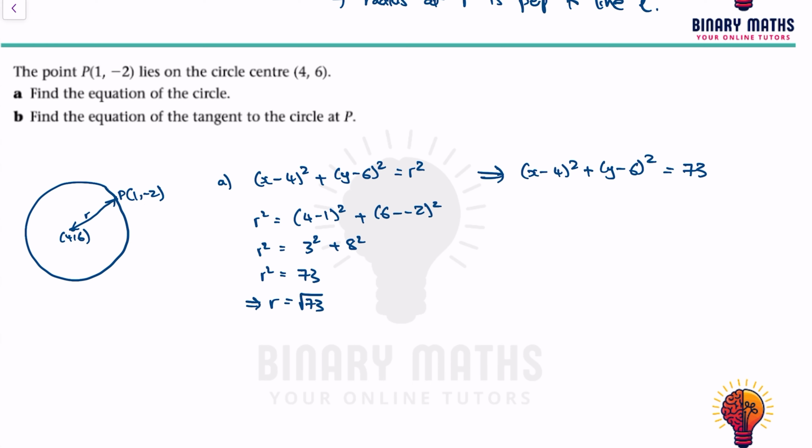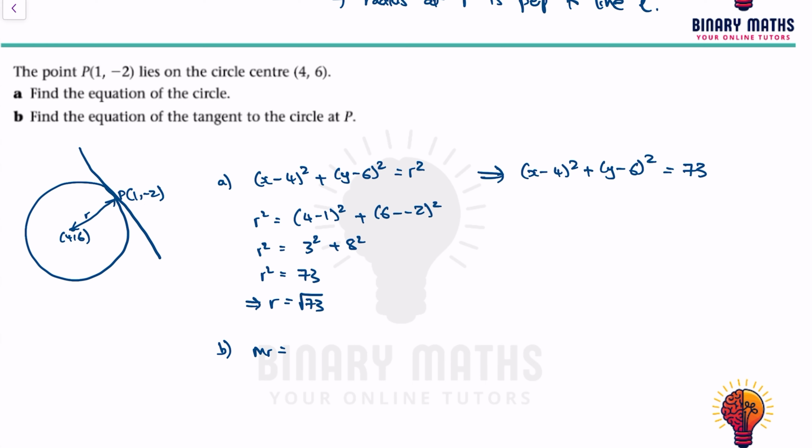Part B, find the equation of the tangent to the circle at P. So the tangent to the circle is this one, and we're trying to find the equation of that. In order to know the gradient of the tangent at the circle, I need to find out the gradient of the radius.